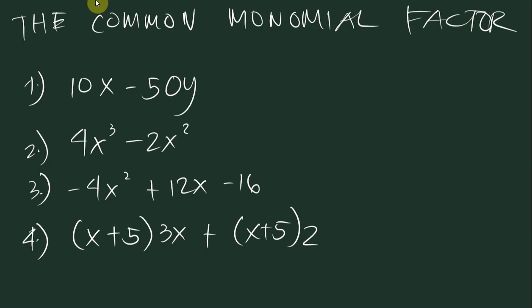So let's say we were given 10x minus 50y. We're going to use the distributive property here. Let's recall the distributive property. The distributive property states that a times b plus c is equal to a times b plus a times c, right?